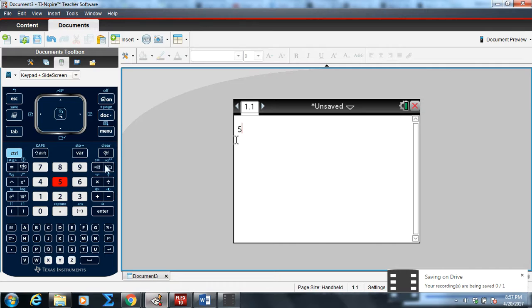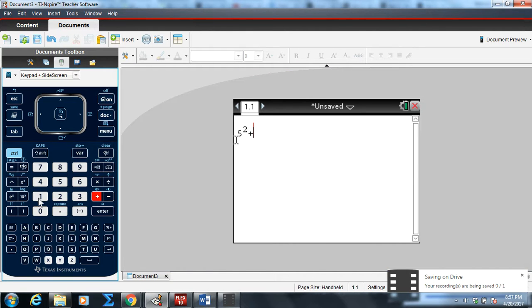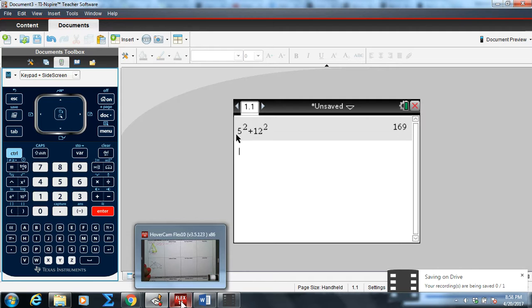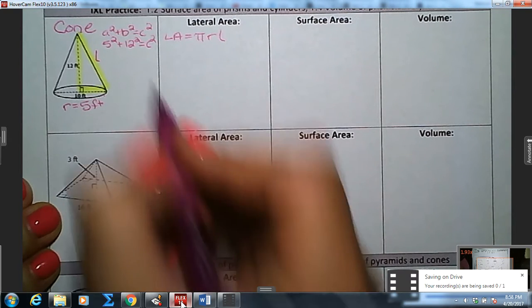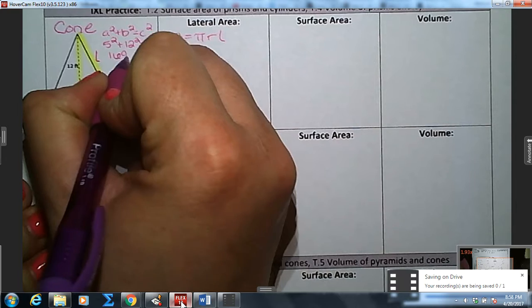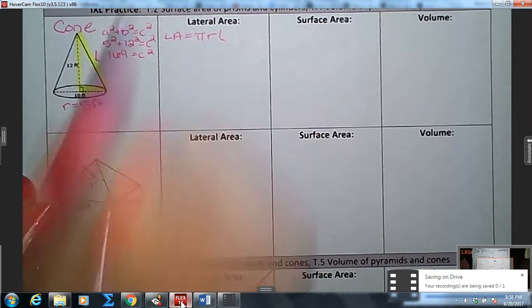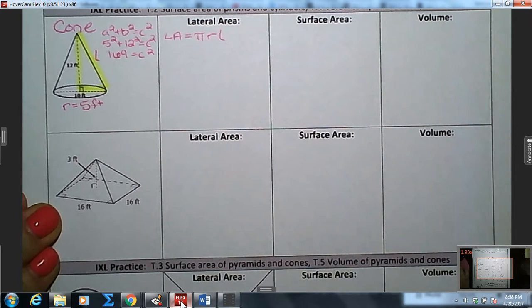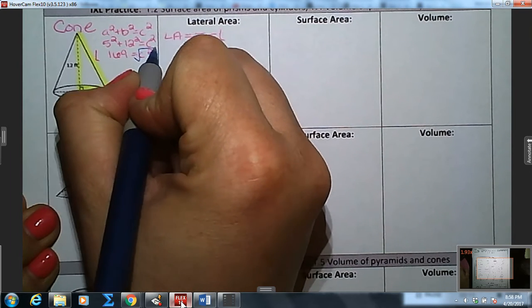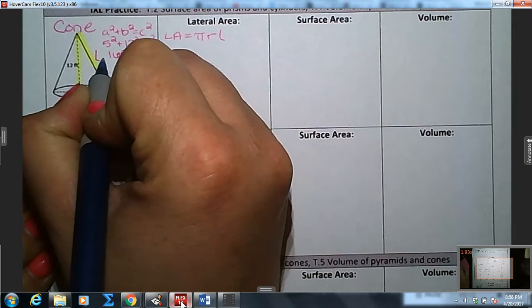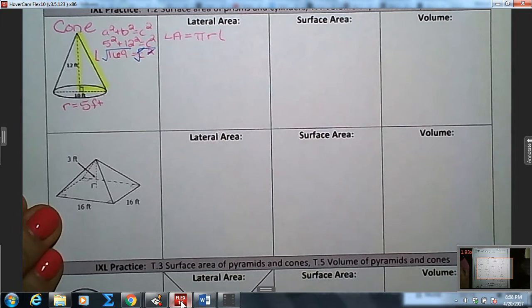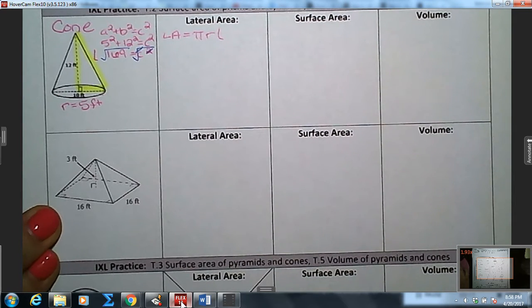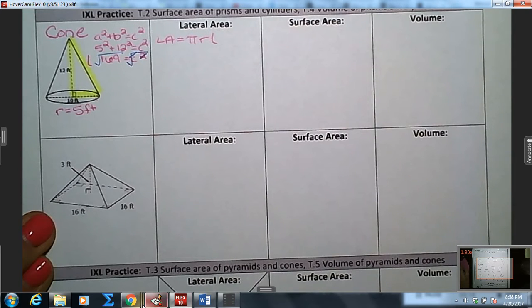5 squared plus 12 squared is 169. So 169 is equal to c squared. To solve for c, I need to get rid of the square. The inverse of a square is a square root. So I need to take the square root of 169.